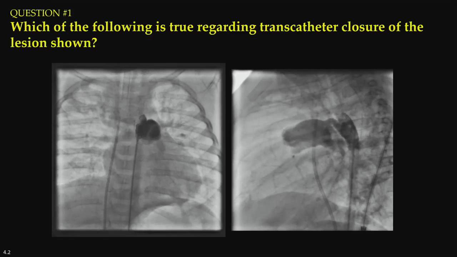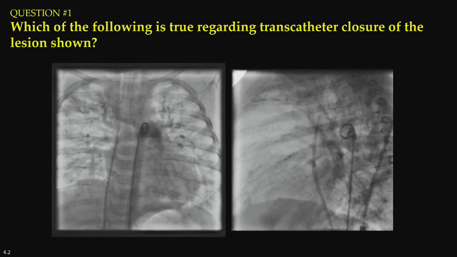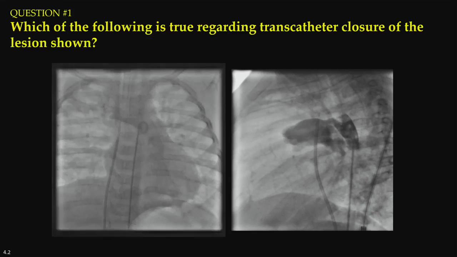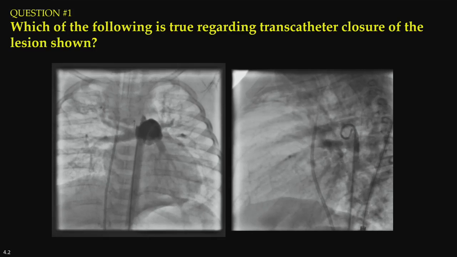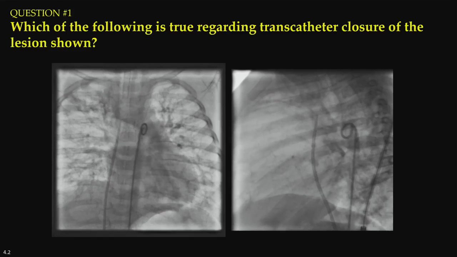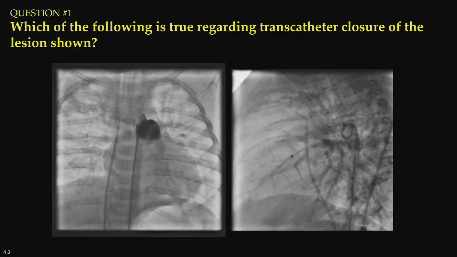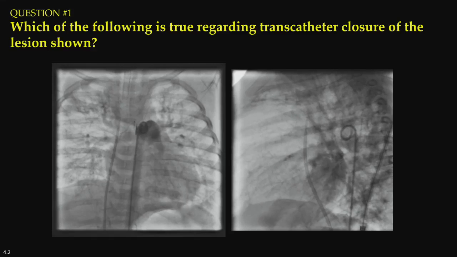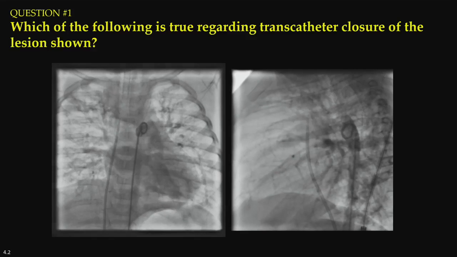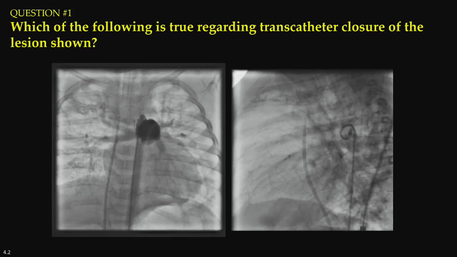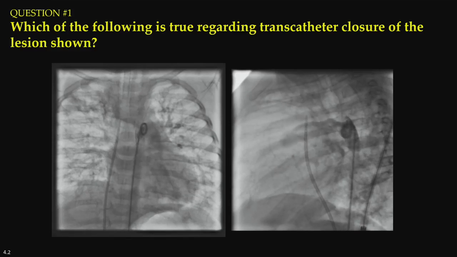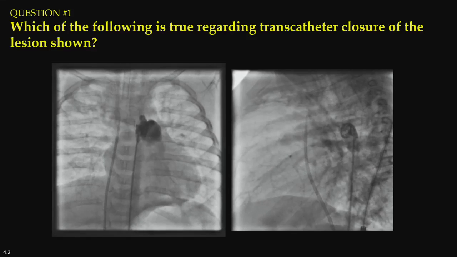I'll show you the options in the next picture, but I didn't know if the movies would work with ARS, so I separated them. So just take a second to see what lesion we're looking at here. And it's going forward and backward, sorry. So you see the lesion? Now let's go to the next slide.